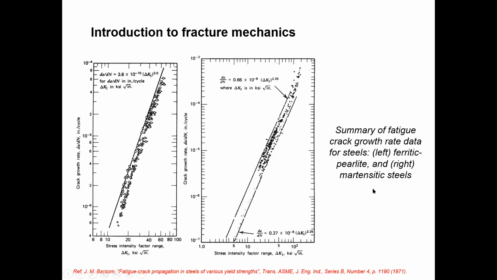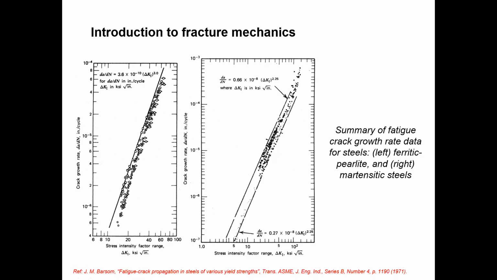Likewise in here also the data band is visible. The first one and second one are for two different materials. The first one is for the pearlite, and the right side one is martensite steel. So I think you know what the main difference between pearlite and martensite is.